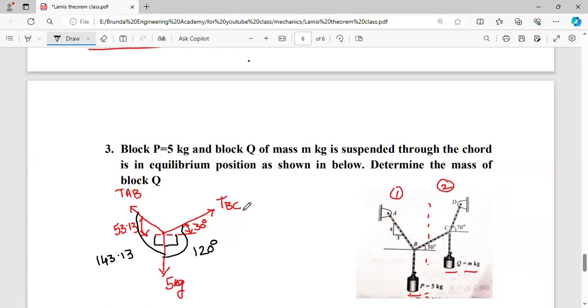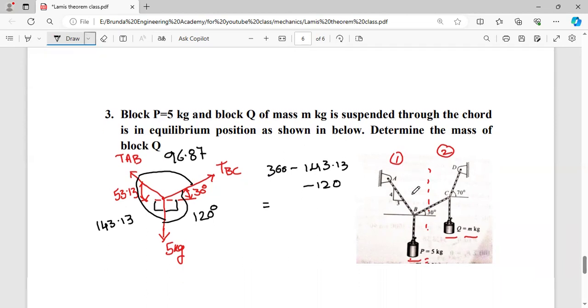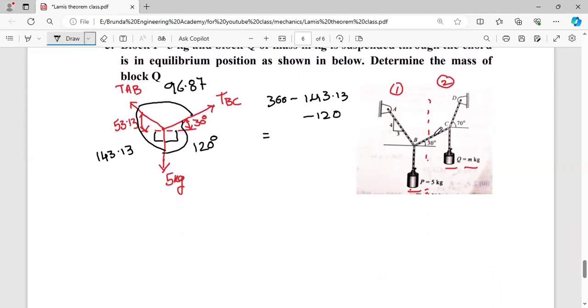So the total angle is 360 degrees. The remaining angle is how much? 360 minus 143.13 minus 120 degrees equal to 96.87.